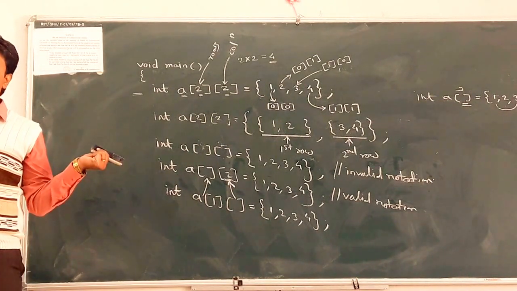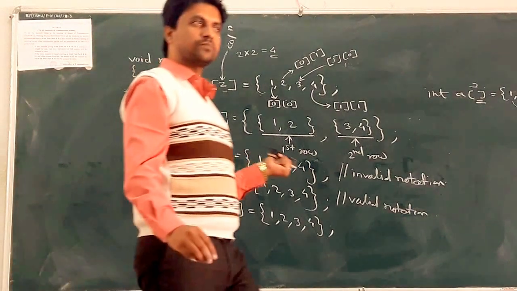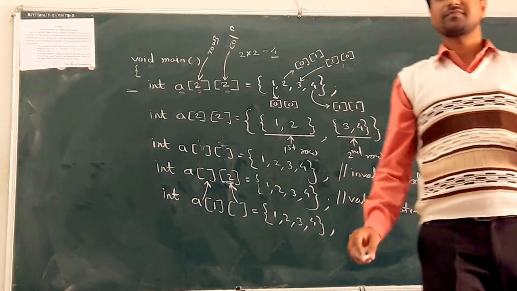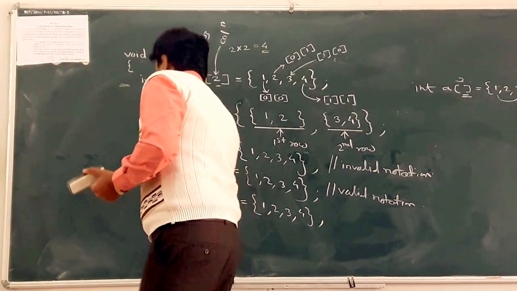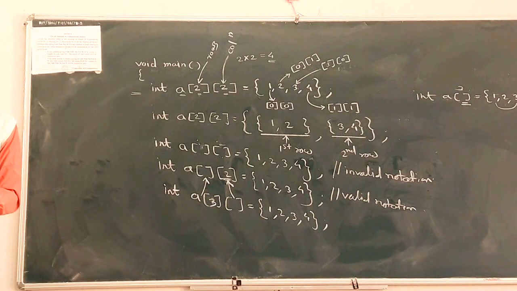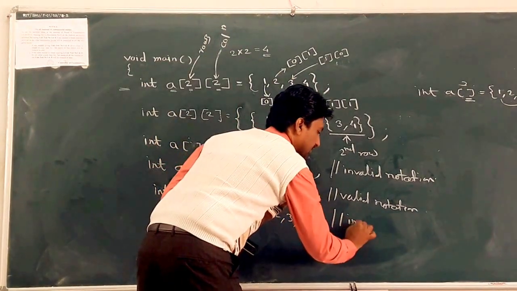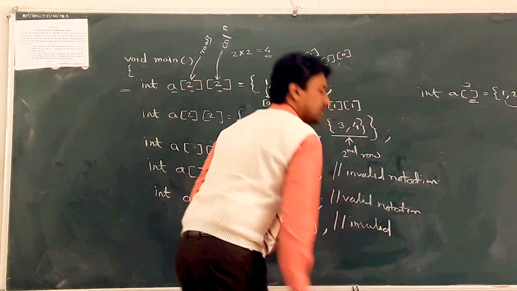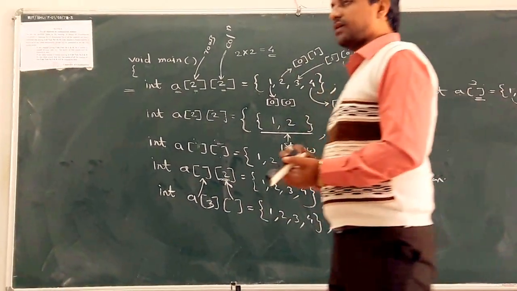Is it valid? If I write 3, is it valid? No, it is not valid. That is an invalid initialization of a two-dimensional array. Why?